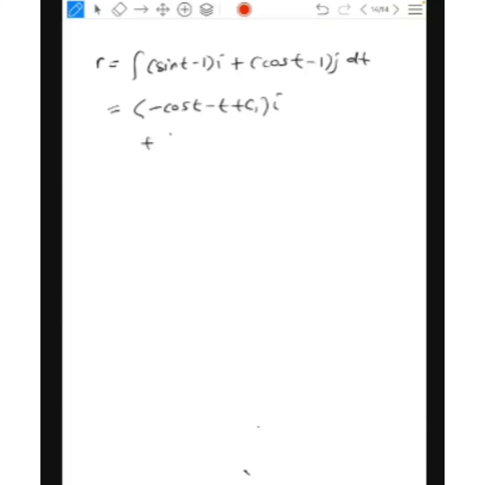Then integrating cos gives sin, minus t, plus C2 now.